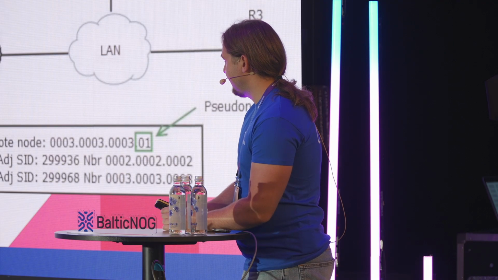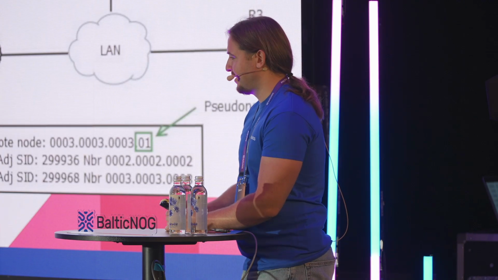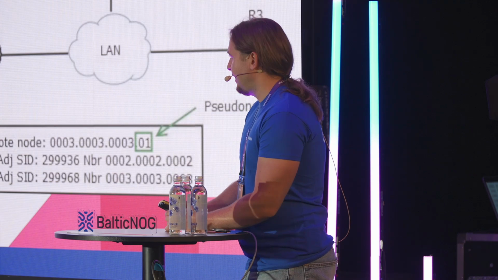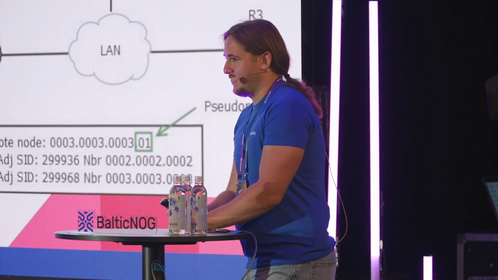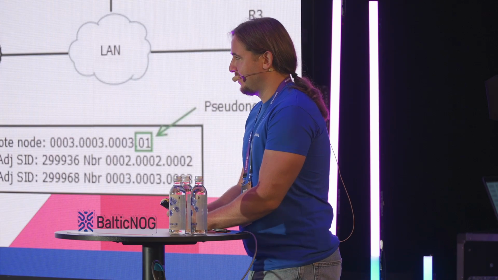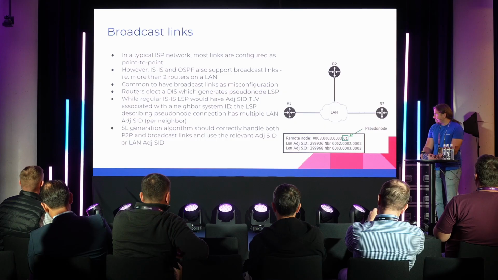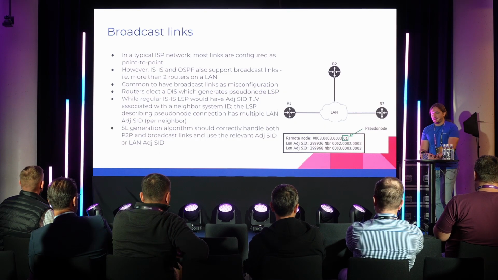It's not very common in real ISP networks, but what's much more common is to have misconfiguration, because if you don't configure a link as point-to-point, the default setting on all routers is broadcast, and the difference is that in the link state database, they're represented differently than point-to-point. There is a pseudonode LSP, and also adjacency segments are represented differently in different TLVs.